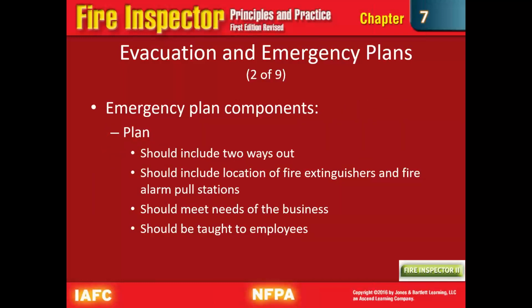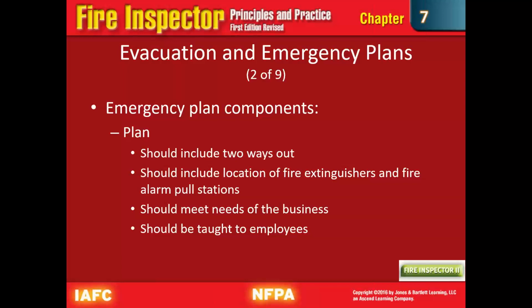All right, the components of an emergency plan. Your plan can include the two ways out, location of fire extinguishers, fire alarm pull stations, and a meeting place. I'm sorry, it should meet the needs of the business.